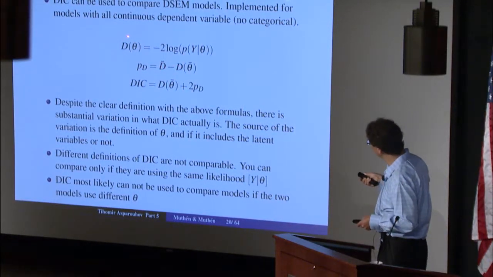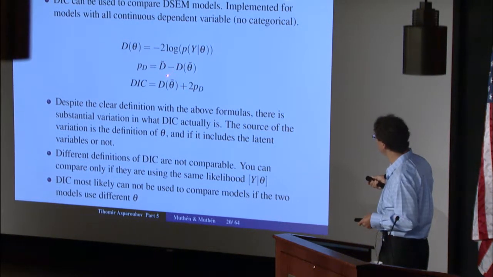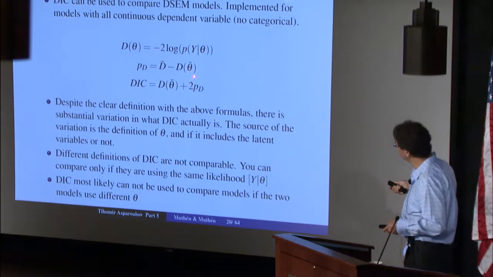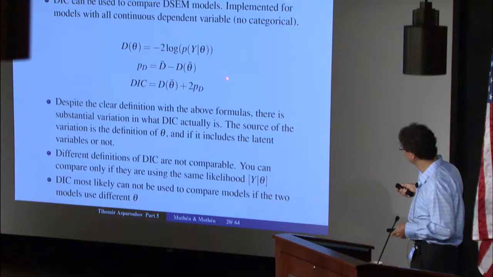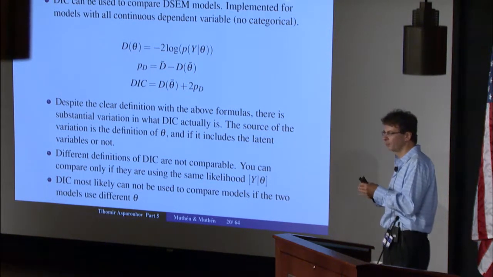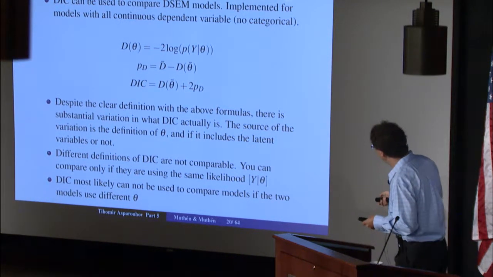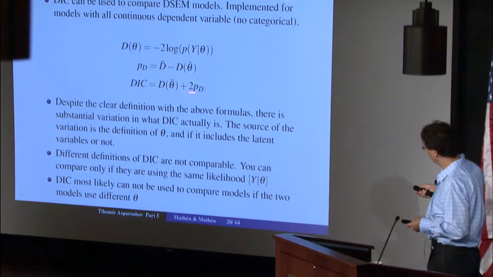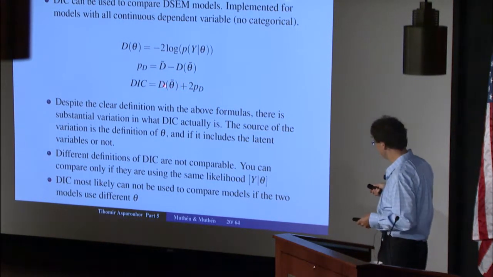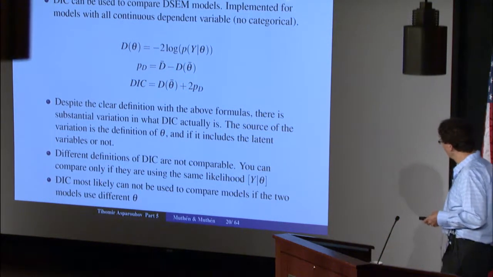It's essentially the average deviance across the MCMC iterations minus the deviance value at the average parameter estimates. This quantity is supposed to approximate the number of parameters in the model. And then the DIC is just a simple combination of those two values: the deviance at the average parameters plus 2 times the number of estimated parameters.